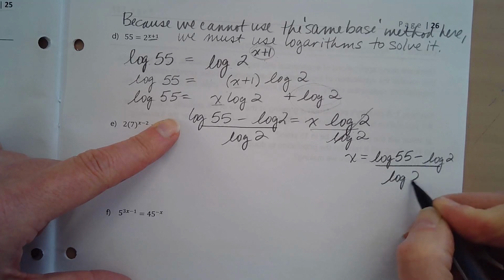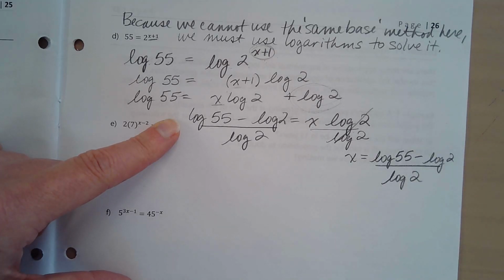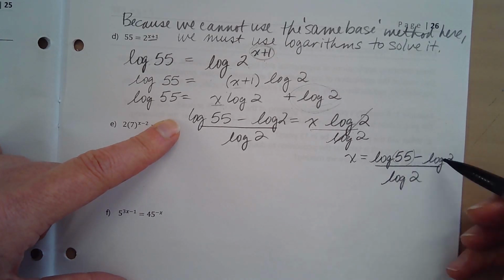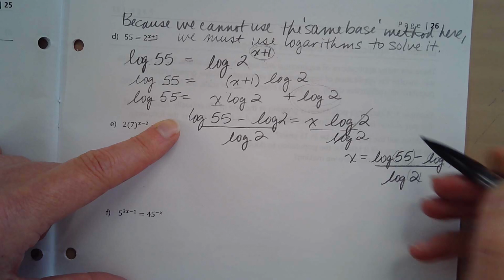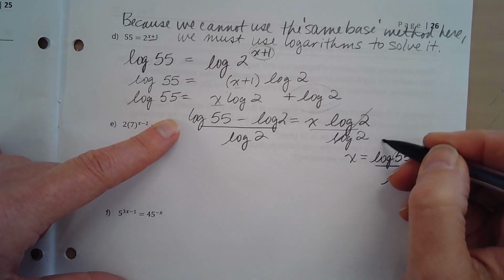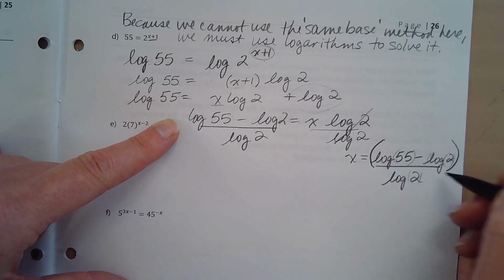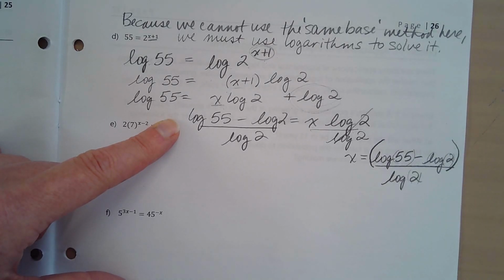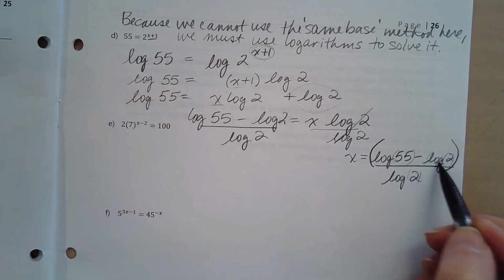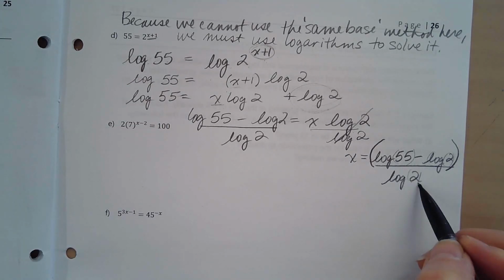Now, before you pick your calculator up, you've got to be careful. You have to close these brackets off, because this whole piece has to be divided by log 2. You've got to think of it as being bracketed off. Either it's bracketed off, or you can do this subtraction and then hit an equal sign before you do your division.